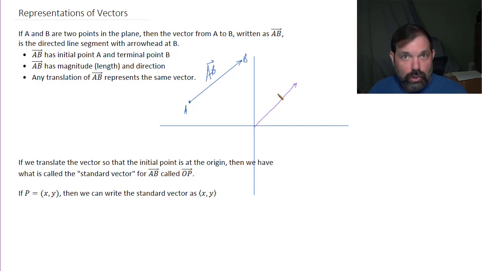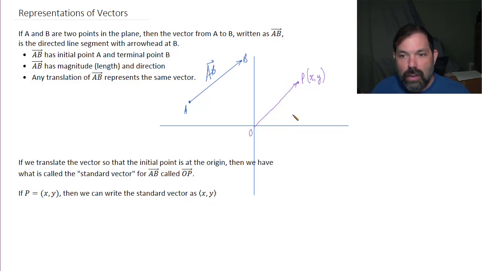So this vector, assume it's exactly the same vector, but now it's starting at the origin, and now the terminal point is some point P in the plane. If we have a vector like this, where the initial point is at the origin, we call this a standard vector, and we'll call it OP. Now, if this point has some coordinates x, y, then we can write this standard vector in this form.